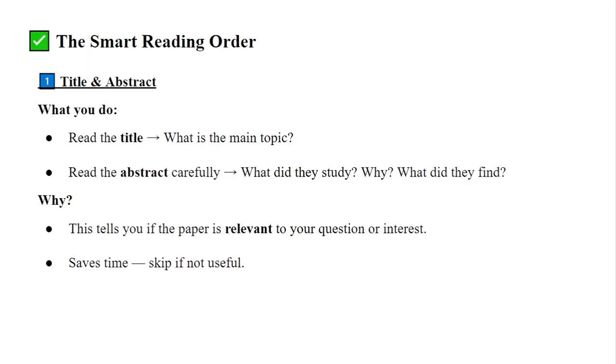That is smart reading order. We have separated some reading orders. The first is smart reading order. Initially, if you read one paper, they give a title and abstract, and the title and abstract are moreover similar.